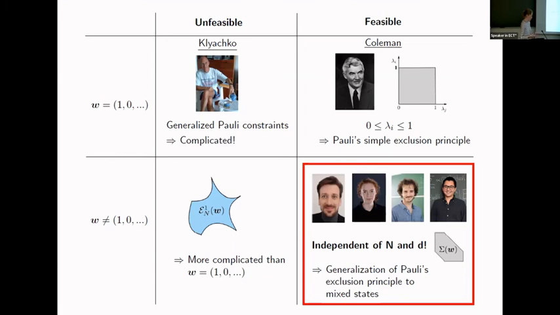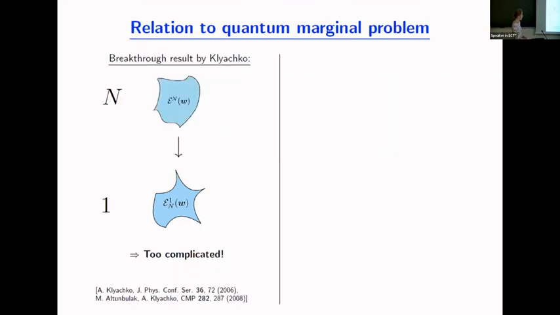And how did we achieve this? Maybe it's important to stress this again. Of course, in the context of the one-body quantum marginal problem, there was the breakthrough result by Klyachko. He had, both on the N-particle and the one-particle level, these non-convex sets, and describing them is extremely complicated.